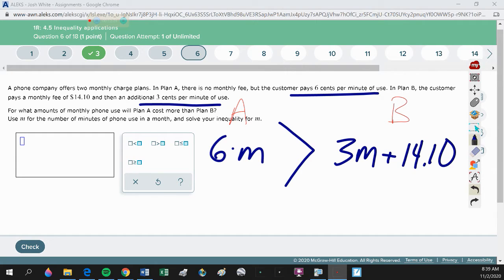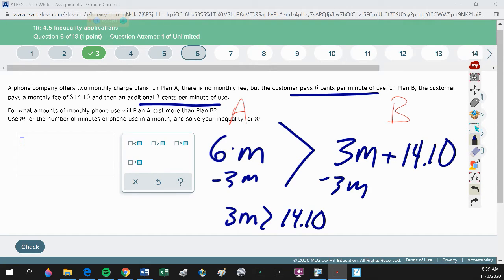So we want to know how many minutes would you have to talk for A to cost more money than B. Now we just solve. 3m is greater than 14.10. Divide by 3. And pull up my calculator. 14.1 divided by 3 is 4.7. Oh, it's not equal to, sorry.